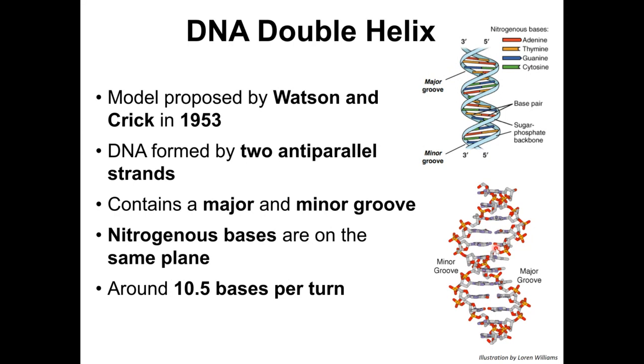Okay, and a final detail here is that per turn you have about 10 to 11 base pairs. So if you go from here to here, the same point in the helix, you could count 10.5 bases on average. Okay.